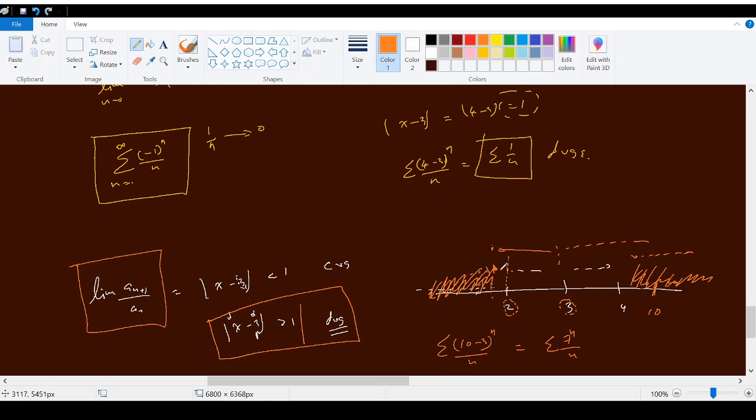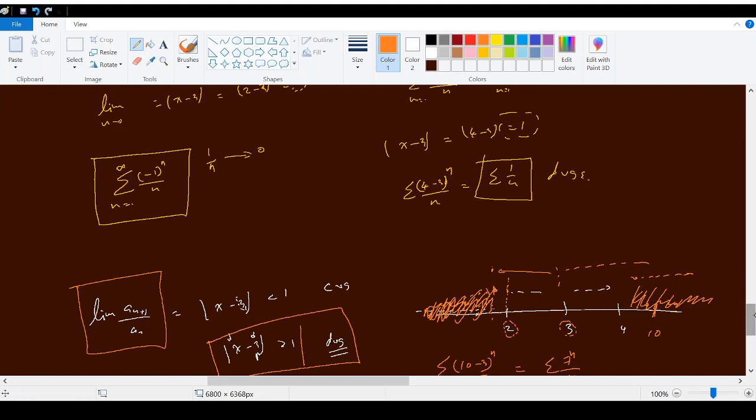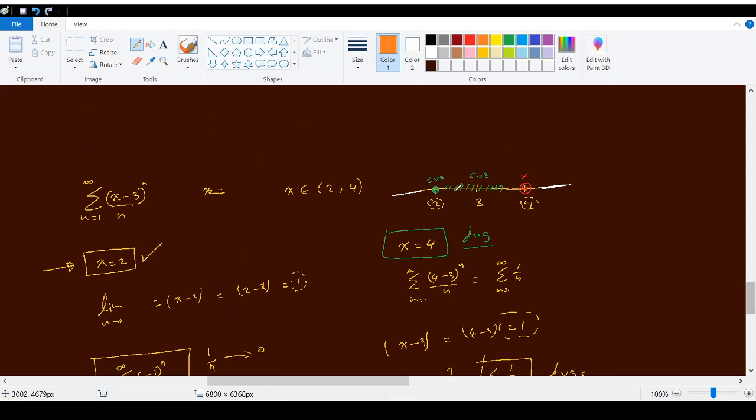And it is the same for these numbers as well. So hence what we can say is in this region as well as in this region, the limit from the ratio test is greater than 1. In other words, the series diverges.